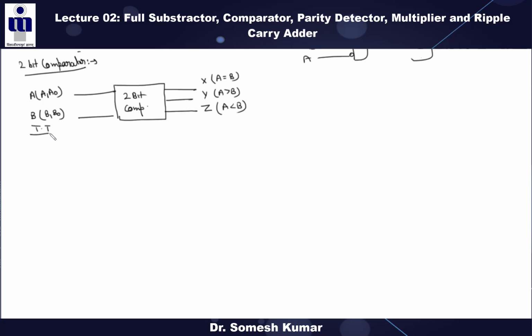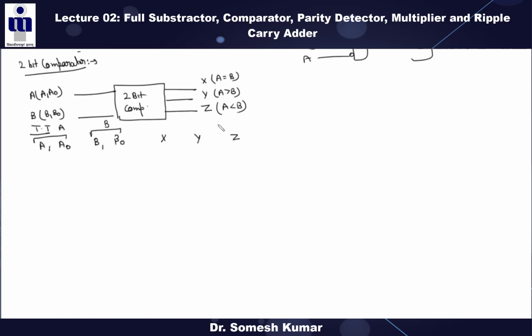How many inputs are there basically? There are two inputs, but each is of 2 bits, so we have 4 inputs here: A0, A1 and B0, B1. Combined, this is B, this is A. If there are 4 inputs, how many combinations?